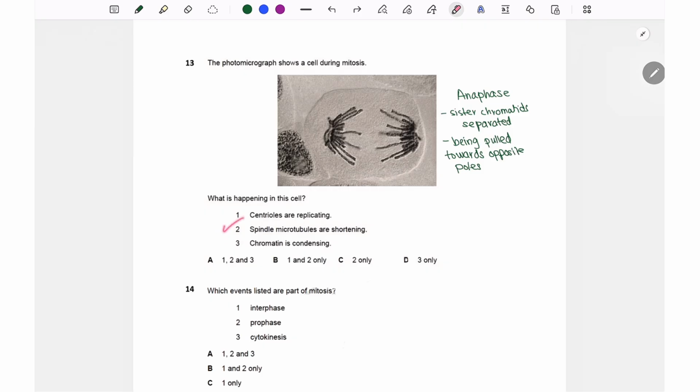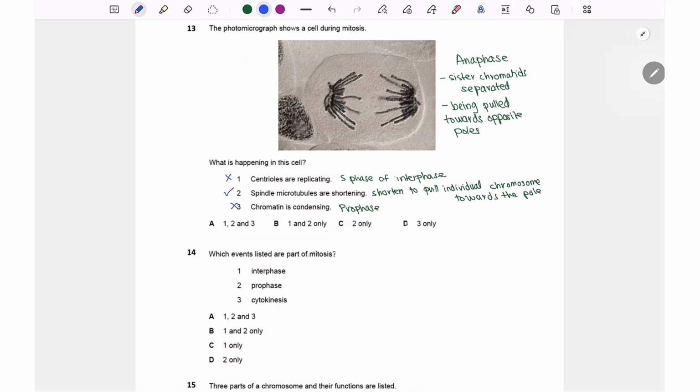Yes, they are going to shorten to pull the individual chromosomes towards the pole. And chromatin is condensing, that happens during prophase. By anaphase, it's already condensed, so there's no condensing happening here. It's 2 only. This one.